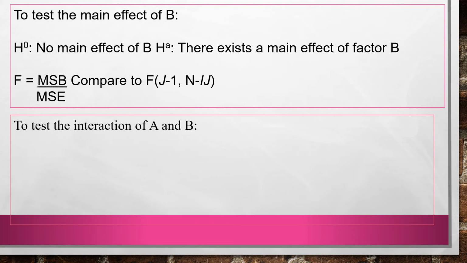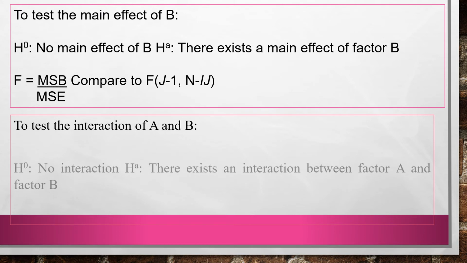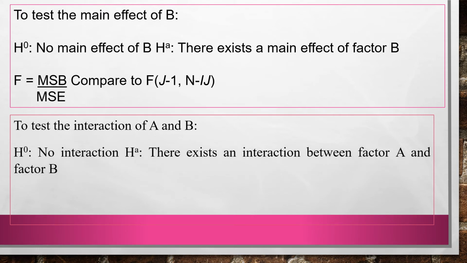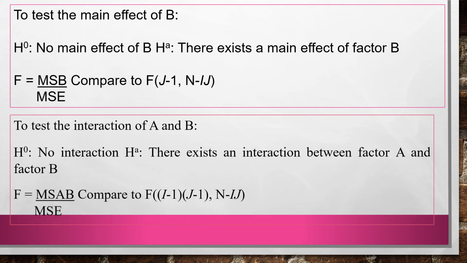To test the interaction of A and B: no interaction, there exists an interaction between factor A and factor B. F is equal to MSAB over MSE compared to F with the quantity of I minus 1 times the quantity of J minus 1, and N minus IJ.